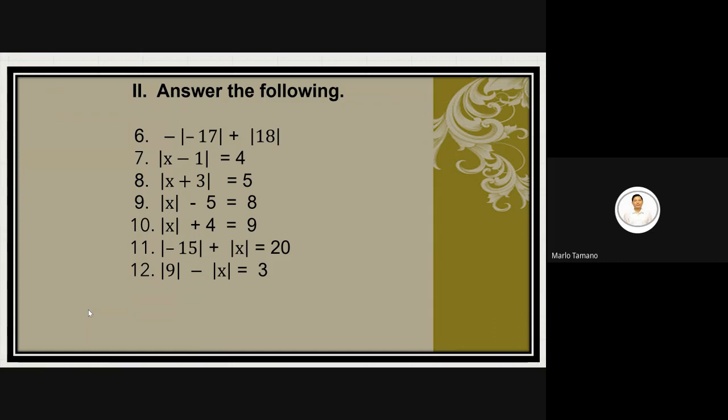Ayan. So, nandyan na po yung inyong activity number 1 na ipapasa po. Okay? Sana kung meron na kayong lahat ng DepEd QC account, doon na sa Google Classroom ipasa.